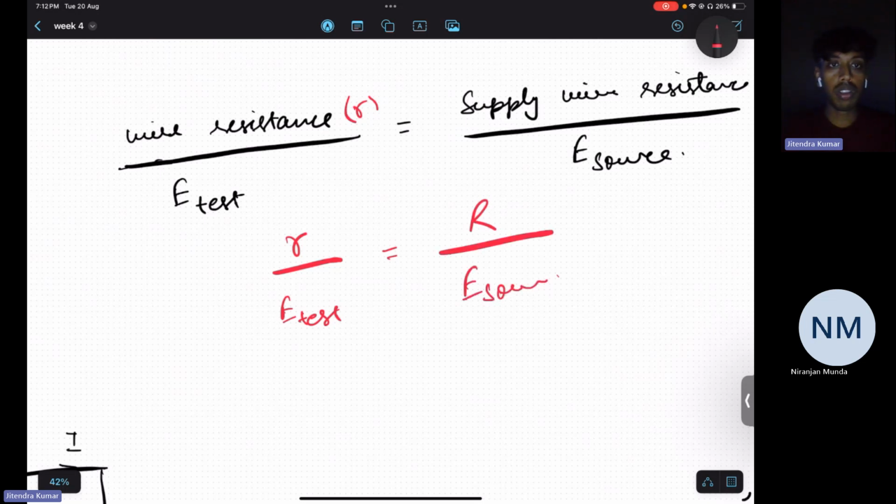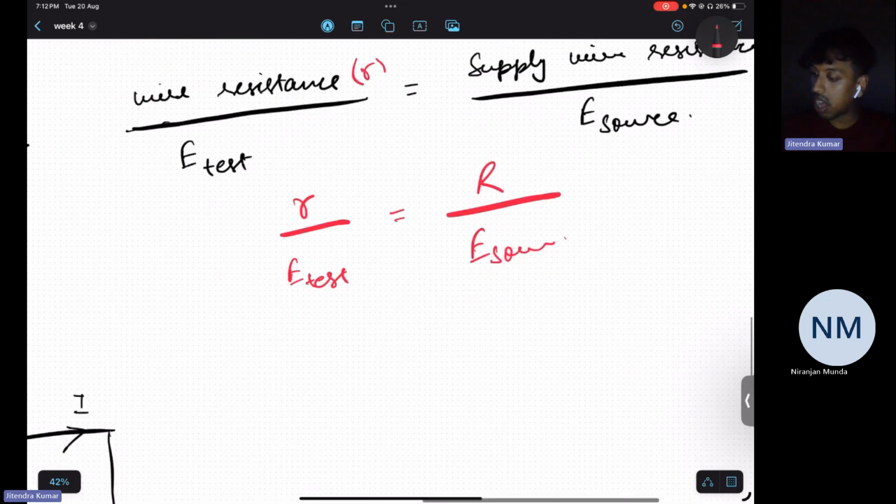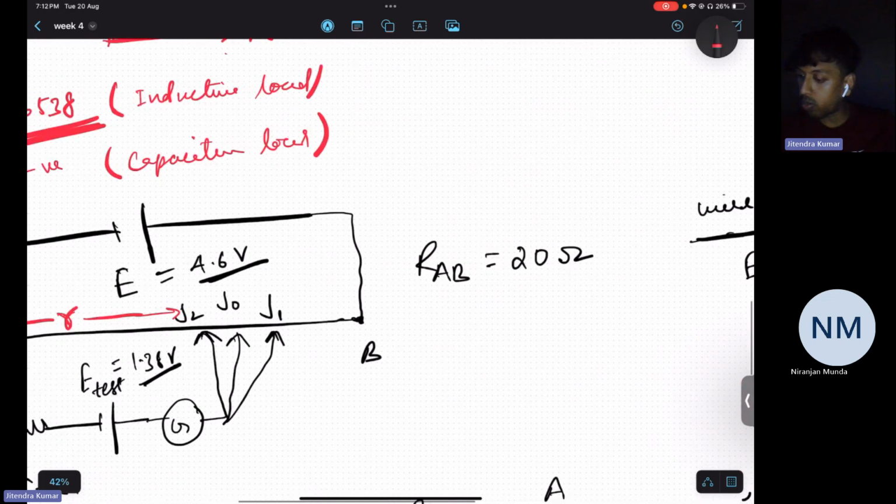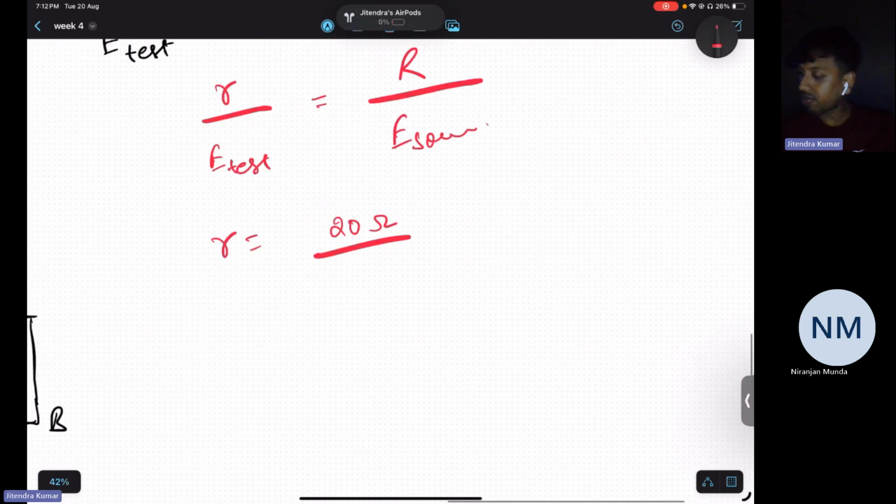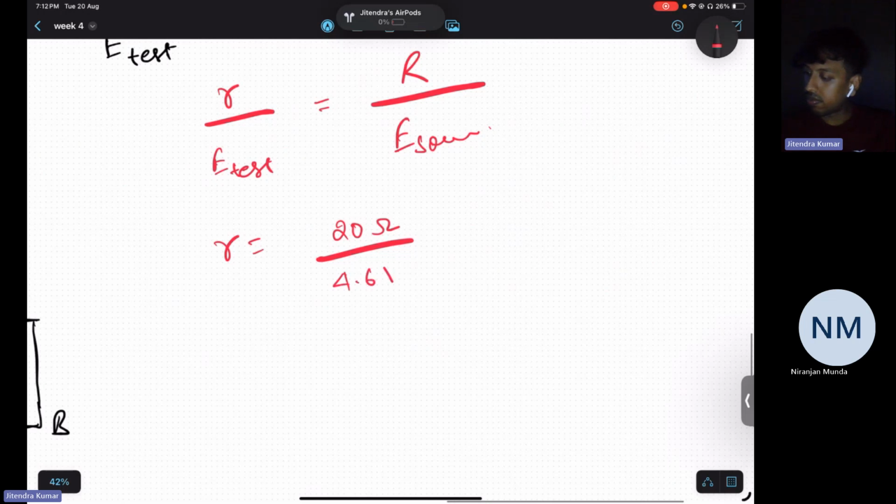Now we know that R is equal to capital R, which is 20 ohm, isn't it? Divided by E supply. E supply is how much? It is given as 4.6 volt, into how much is E test?